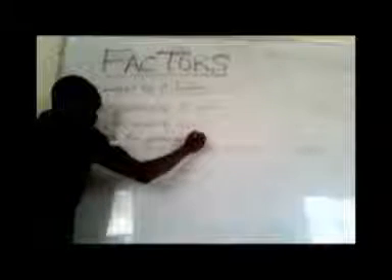Now, there are things you must note. Let's look at the factors of 4. 4 divided by 1 is equal to 4. So 1 is a factor of 4. 4 divided by 2 is equal to 2.